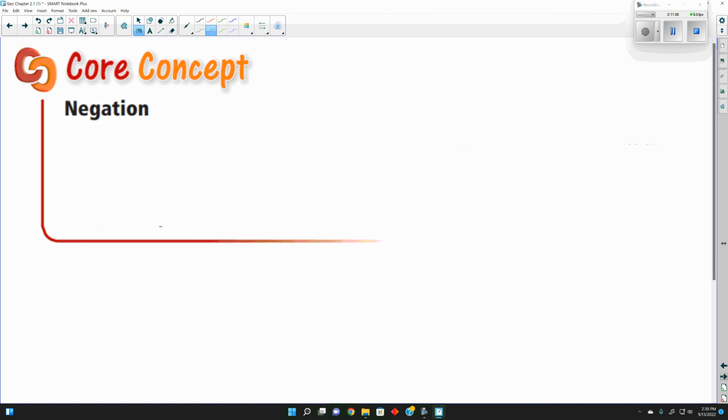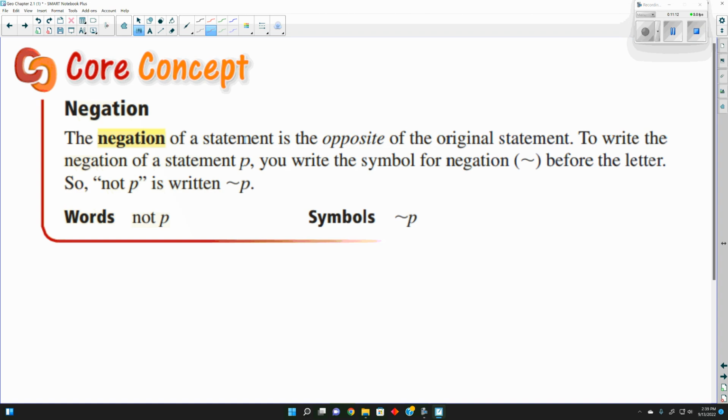Negations. Okay. We ready for negations? The negation of a statement is the opposite of the original statement. So we can write it with this here. So it's the negation, or we say not P. So if we have that little swiggle, it's saying not P, okay?